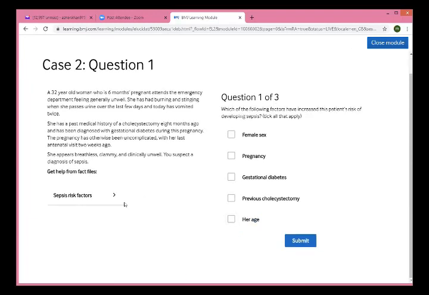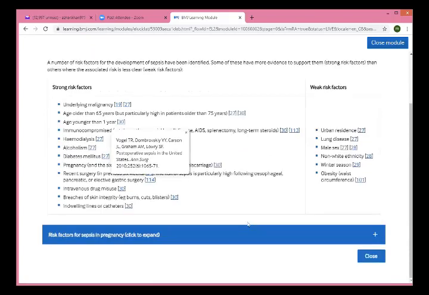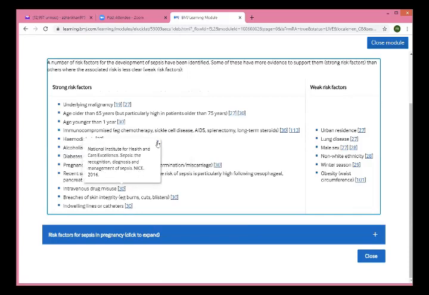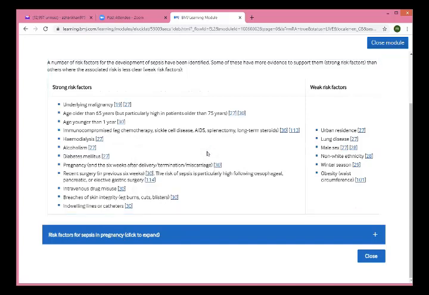So what are the sepsis risk factors? Strong risk factors: malignancy, age older than 65, age younger than 1, immunocompromised, hemodialysis, alcoholism. So these are all the risk factors. Diabetes, pregnancy, recent surgery, drug abuse, burns, cuts, blisters, indwelling catheters.